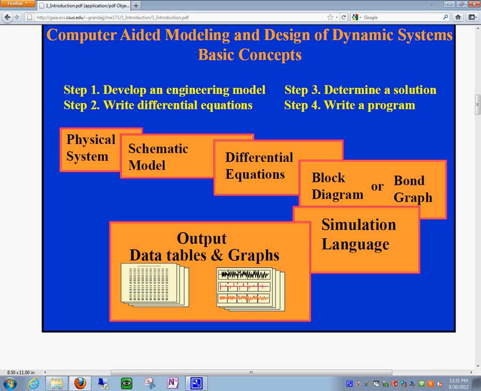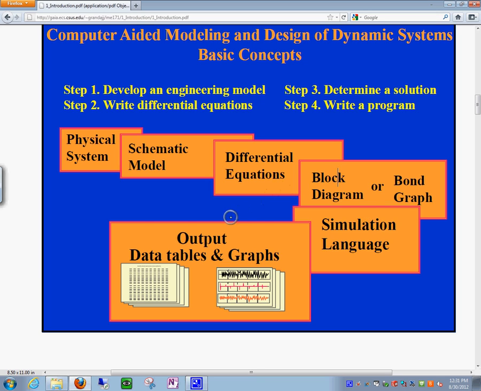Once you are at this stage where you go from the mathematical representation to some tools to be able to solve it, you will come to a simulation language where both of these methods will converge, like for example MATLAB. MATLAB can take block diagrams, but the input to MATLAB could also come from a bond graph model.